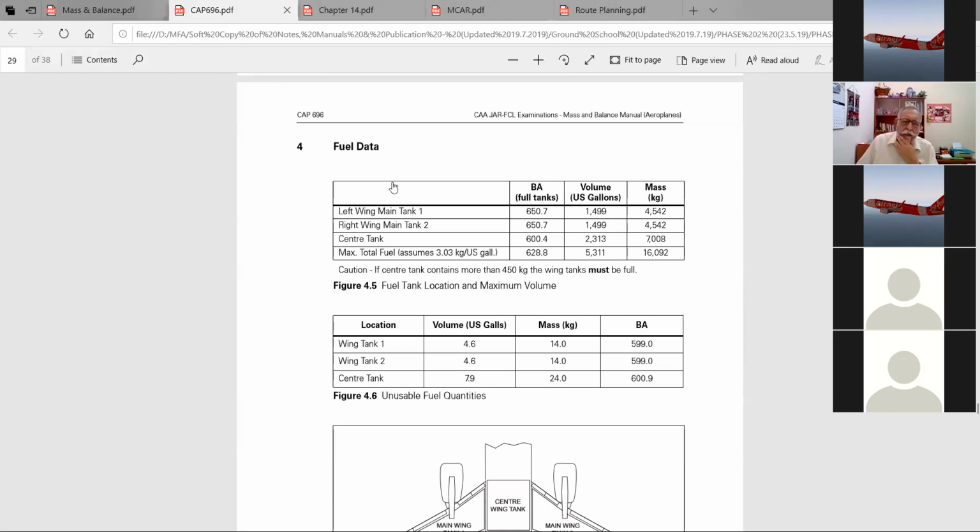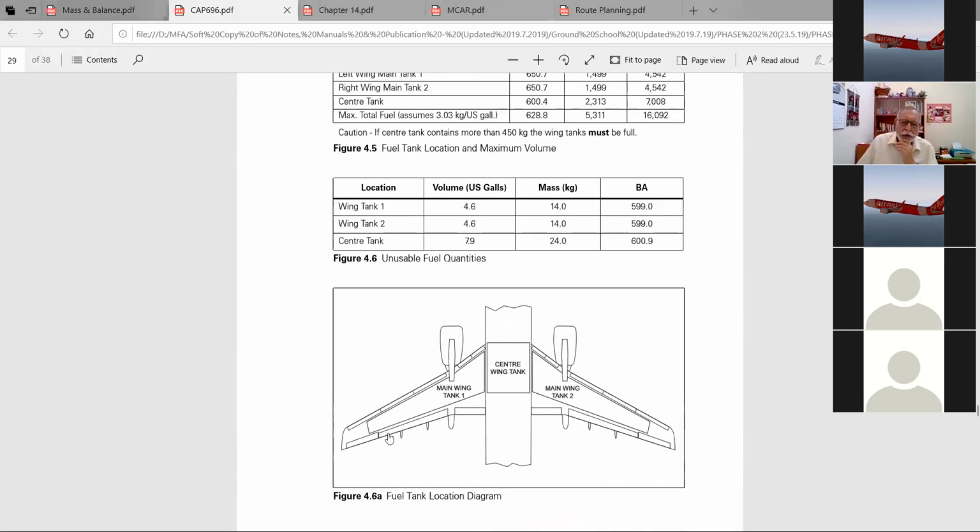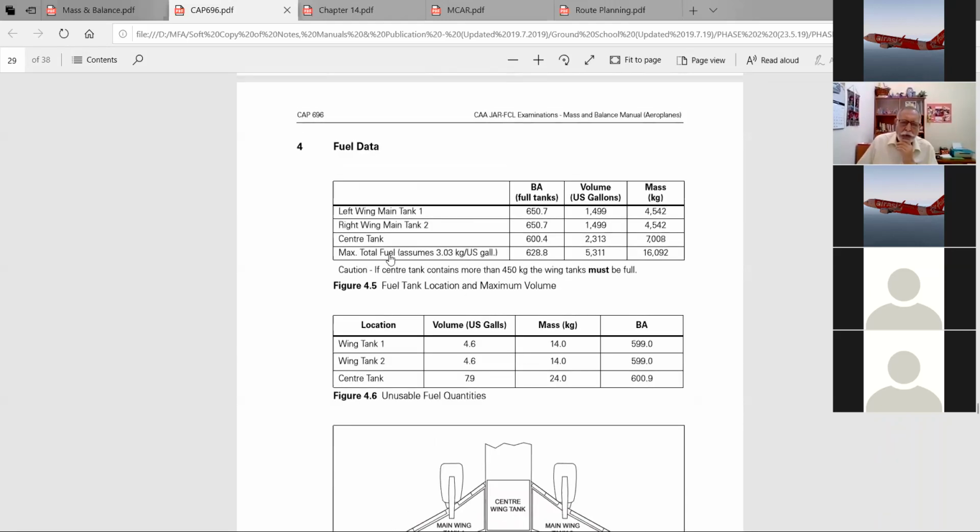Now here is some fuel data. We know this is the balance arm given for the left wing. You look at the diagram. You have your left wing, you have your right wing, you have your main tank 1, main tank 2. So you have over here the left wing main tank, with its balance arm, and this volume, forget it.